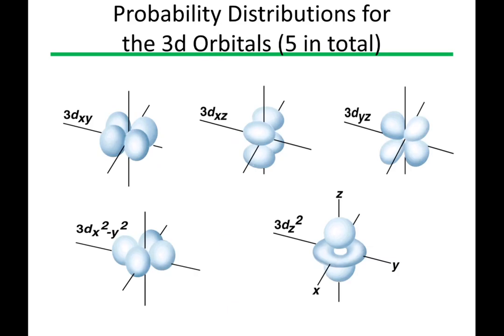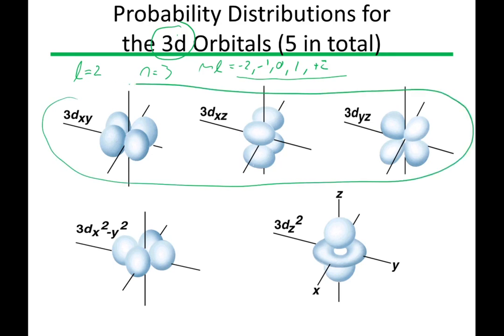For the d orbitals, these would start at 3d because L is equal to 2, so n has to equal 3 or greater, and we have m sub L going from -2 all the way up to +2. So we have 5 different d orbitals, and these are defined by the plane that they lie on. The dxy is going to be in the xy plane, and these have a clover leaf shape.